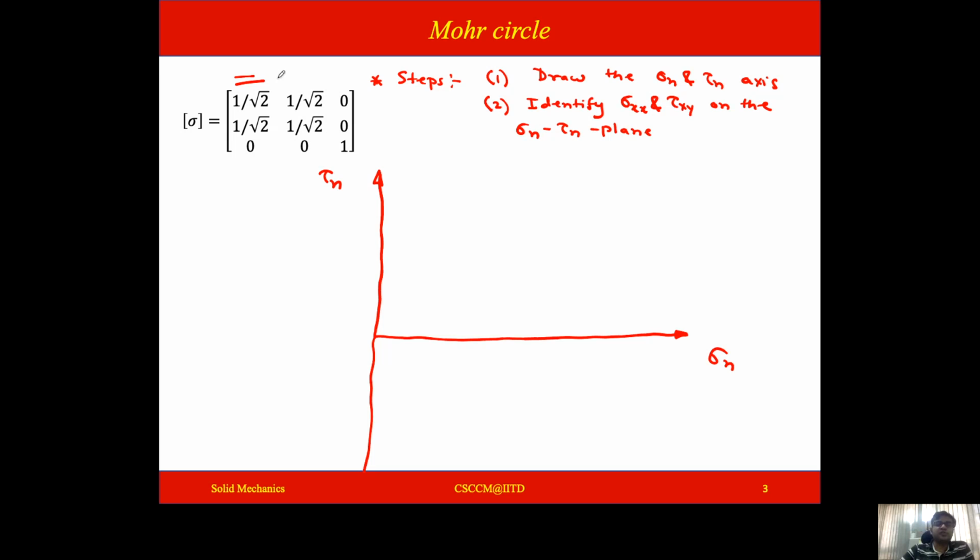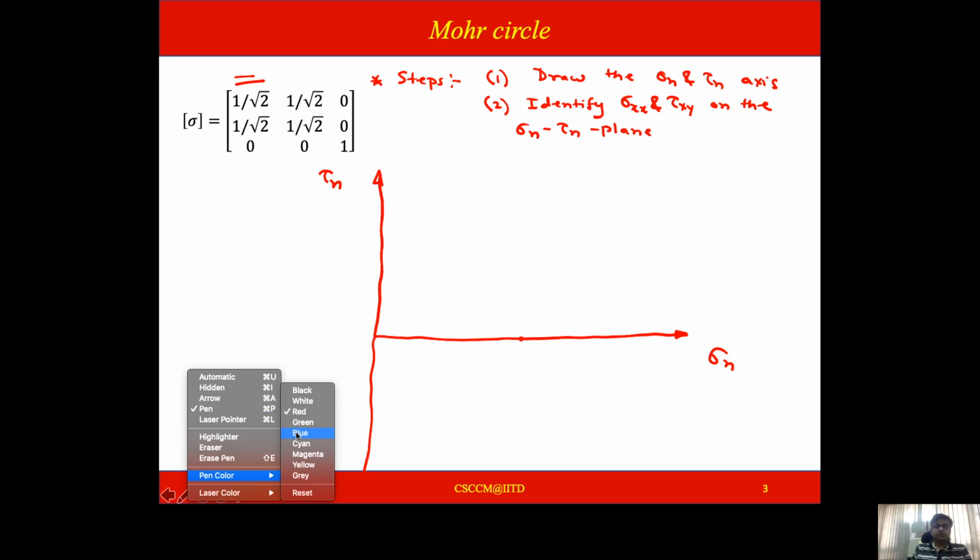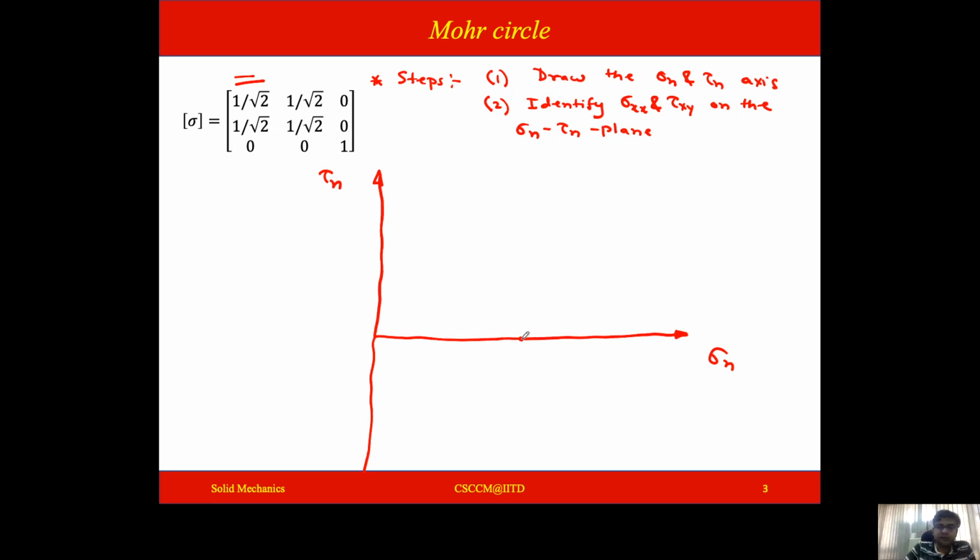Sigma xx is 1 by root 2. So let us say this is my sigma xx, okay? Let me change the color. The color I will take blue. So this point is your sigma xx, and then if you go in the vertical direction, this point you see here is 1 by root 2, comma 1 by root 2.